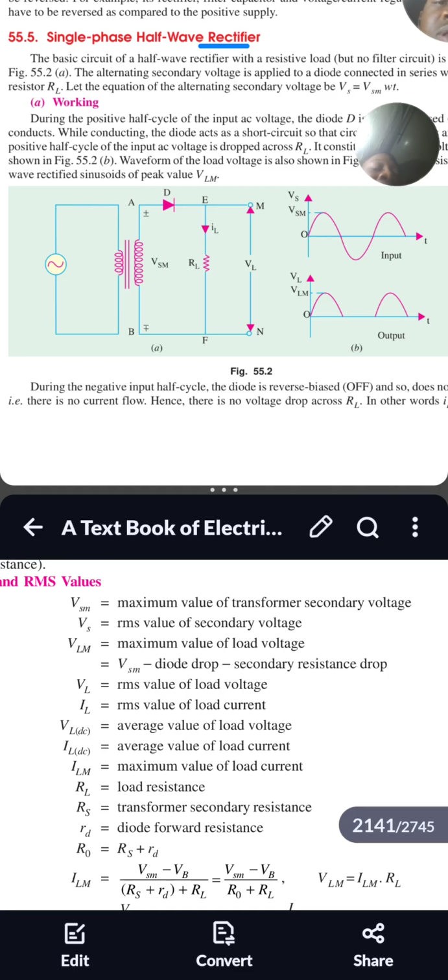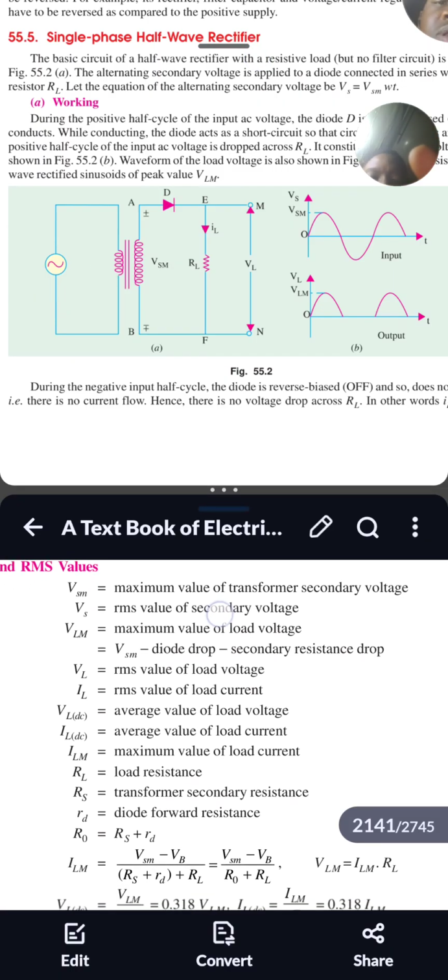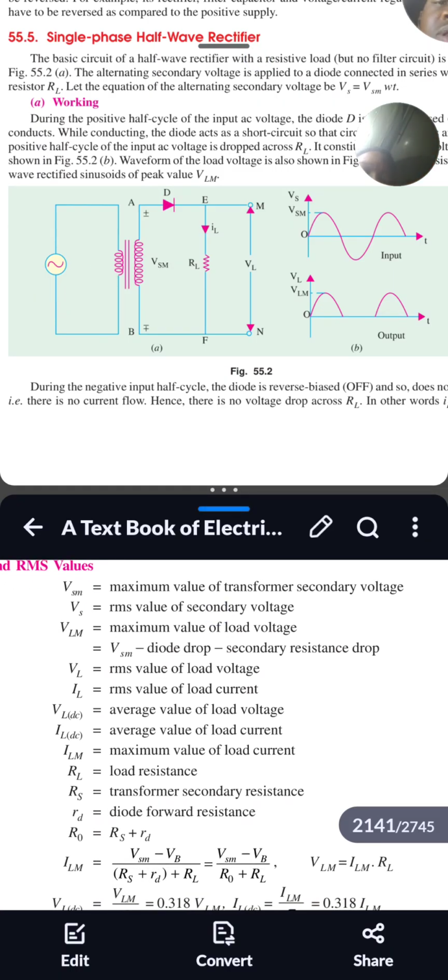Now the RMS of the primary voltage is always somewhere around here, right? Okay, let me just continue from here. This VS RMS is the value of the secondary voltage, and VLM is the maximum value of the load voltage.